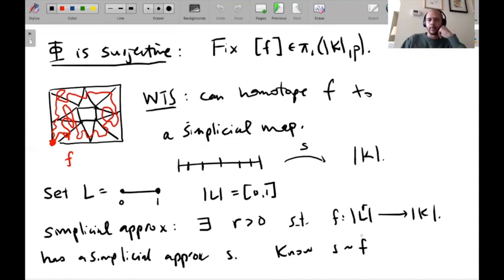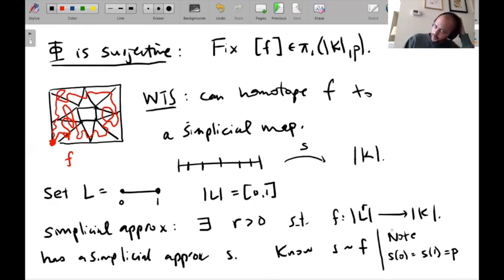One thing you might worry about is that the homotopy needs to fix the base point. So note that S of 0 and S of 1 are both equal to P because F sends the vertex to a vertex.